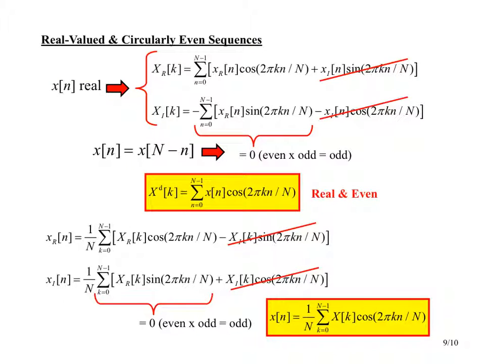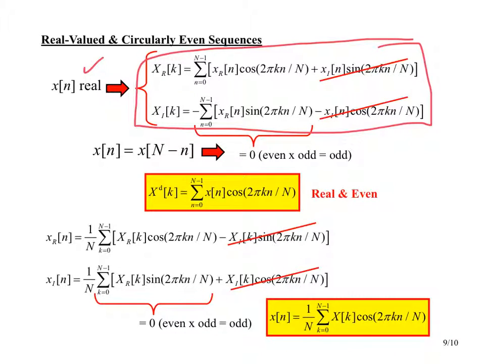So now if we say not only do we have real valued signals, but they are circularly even signals. From x of n being real, we already saw that we got those two results.